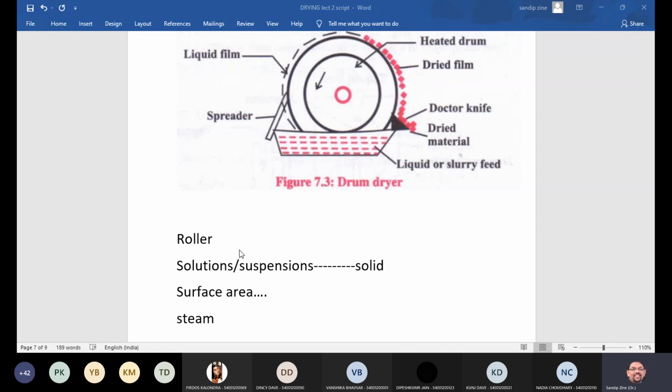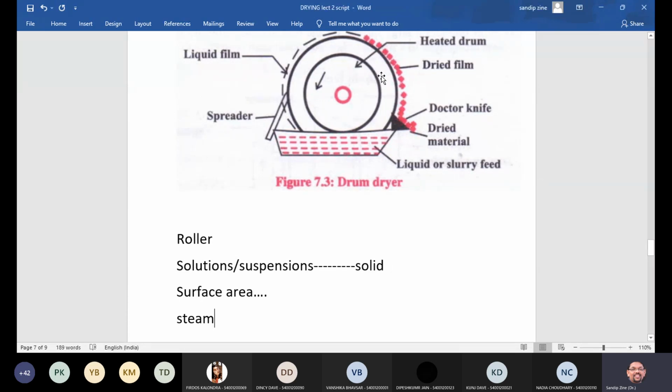Yes, one more point we can add here in the construction part: the rotation of the drum is adjusted so that all of the liquid is fully vaporized, and the drum is rotated continuously, and the dried deposit or material can be scraped out with the help of a knife, and the dried material is collected in a storage bin.